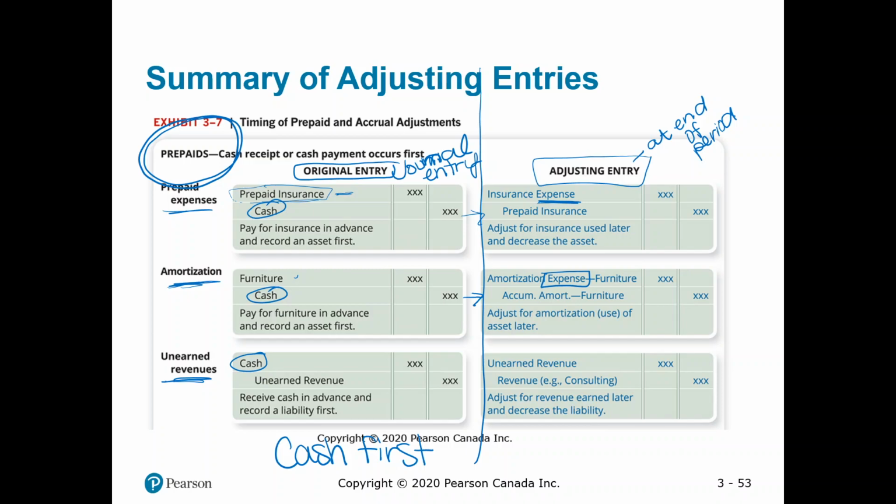For unearned revenues, we get paid before we've done the work or before we've earned that. So it goes into unearned revenue, which is a liability. And then over time, we actually do the work, deliver the goods, so we earn that amount. And when we do that, that's when we book the revenue. So for these prepayments, we get the cash first and the expense or revenue comes later. So our adjusting entry comes after we've already recorded the cash side.